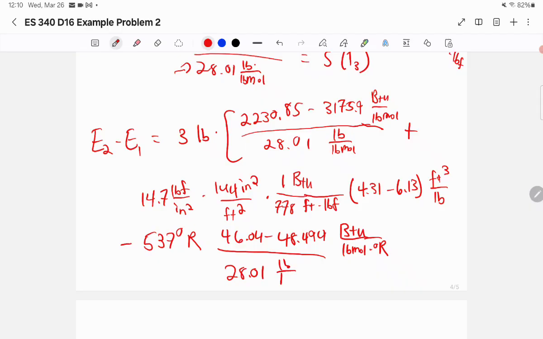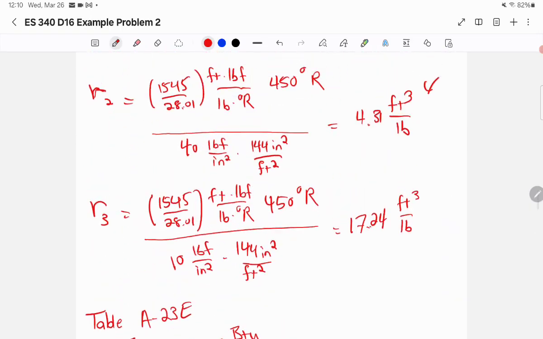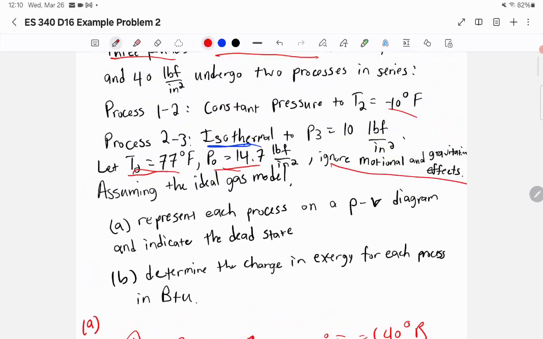And you might be saying, hey, wait a minute, why are the S circle values the only thing in here? Because I said S2 minus S1 has got to be equal to S circle of T2 minus S circle of T1 minus R times the natural log of P2 over P1. But remember that for this part of the problem, the pressure remained constant.